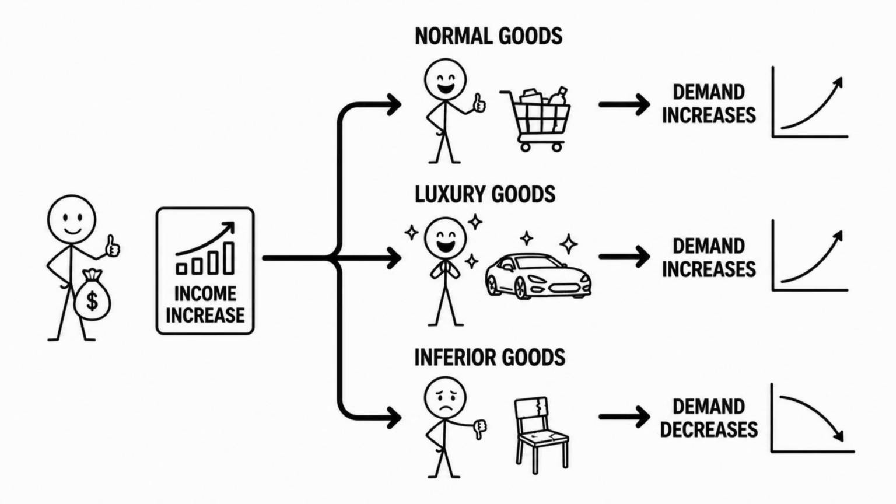For example, if income increases by 10% and demand increases by 15%, it is a luxury good. If demand increases by 5%, it is a normal good. If demand decreases, it is an inferior good. So income elasticity tells you how demand changes as people become richer.